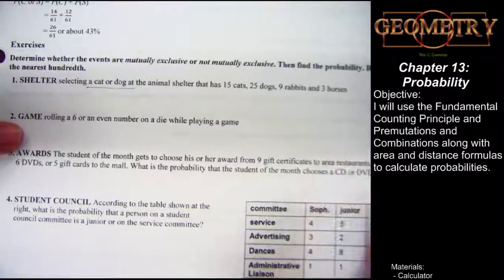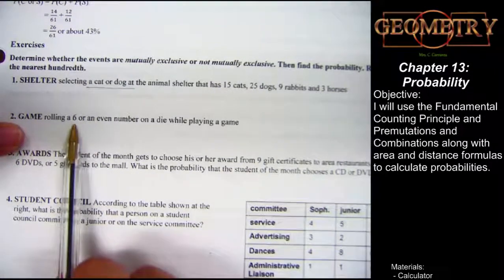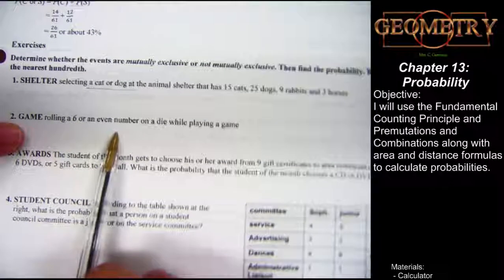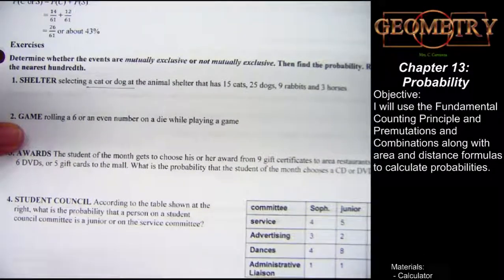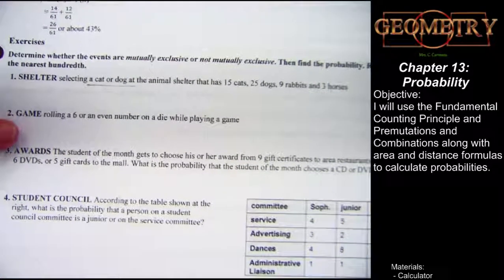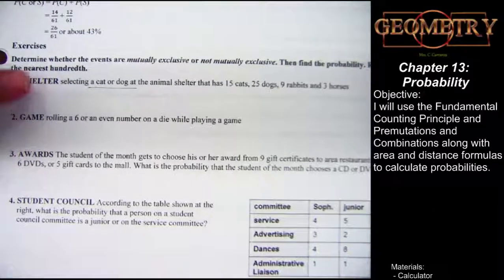Whereas with this one, when we're rolling dice in a game, assuming this die has 6 sides, it is possible for us to roll a 6 and an even number at the same time, because 6 is an even number. Does that make sense? So if the things cannot happen at the same time, it's mutually exclusive.